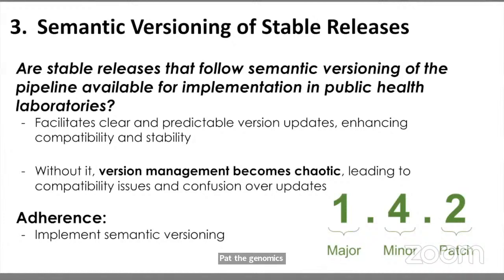Without clear versioning, a lot of challenges are introduced, especially as it relates to compatibility with other software and keeping up with the most up-to-date versions of a particular pipeline. And adherence to this practice is simple. Implement semantic versioning. Again, hopefully a relatively uncontroversial take on pipeline development practices.